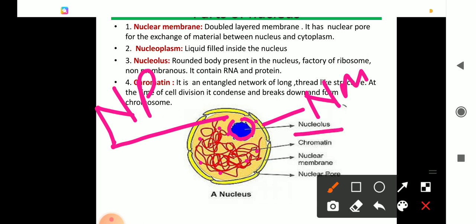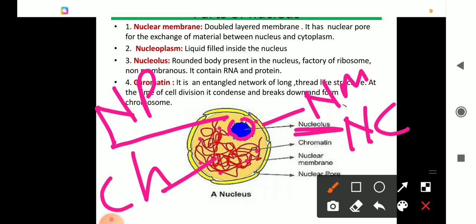This is called nucleolus, right? And this thread-like structure, which you can see, which is very entangled and long, is called chromatin or chromatin thread, right? And these are the pores through which the material can go inside and come outside, right?